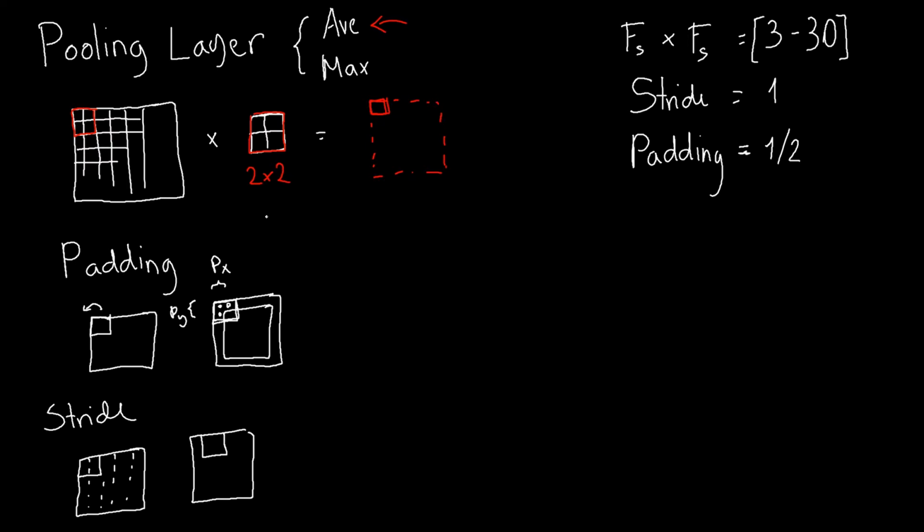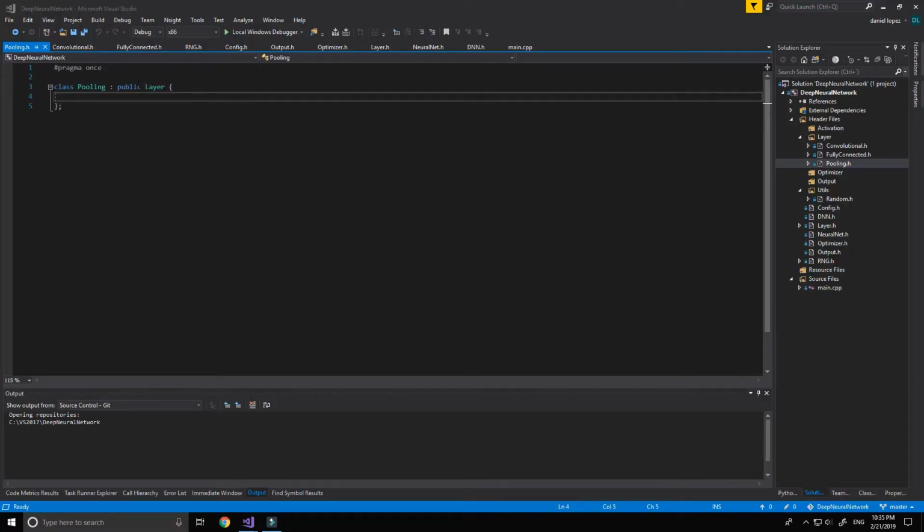So I think that's all the theory that we need to implement our pooling layer. So now we need to code it. Now we can start coding the pooling layer.